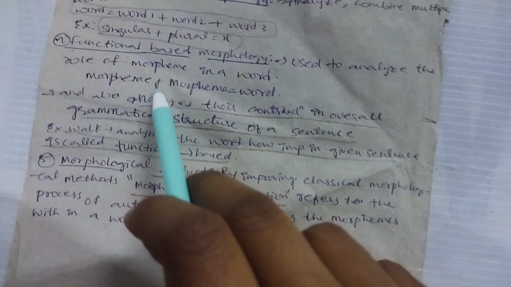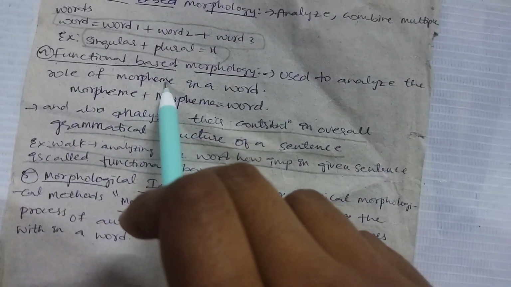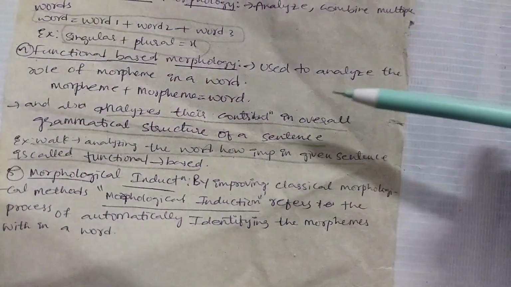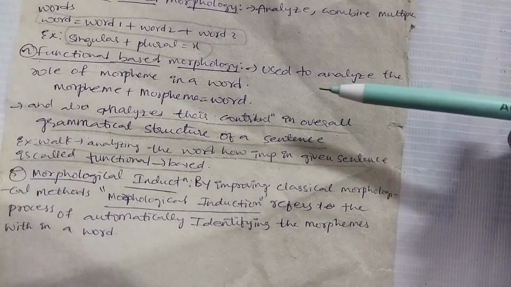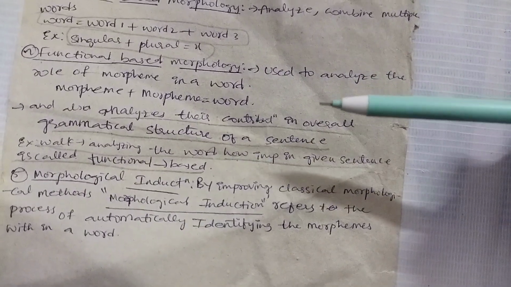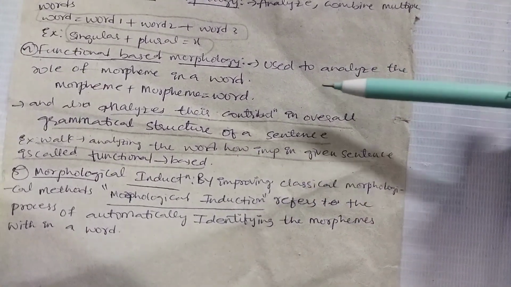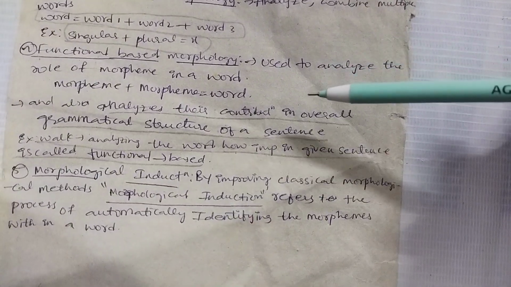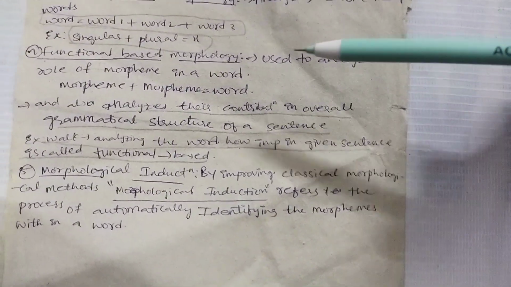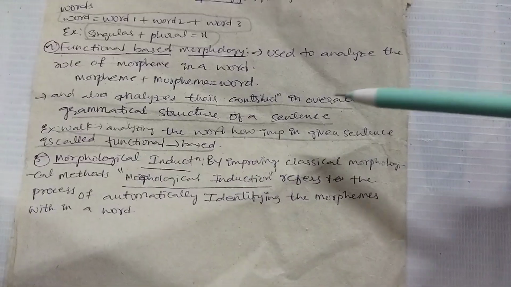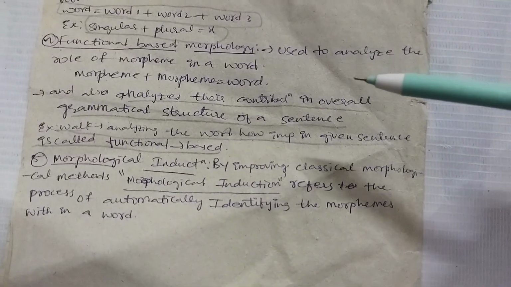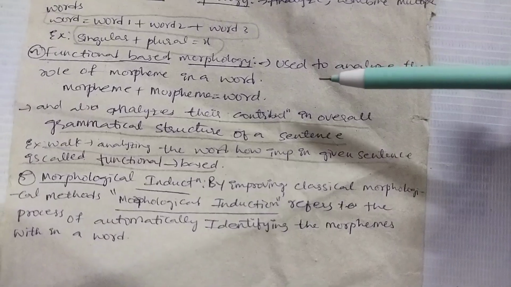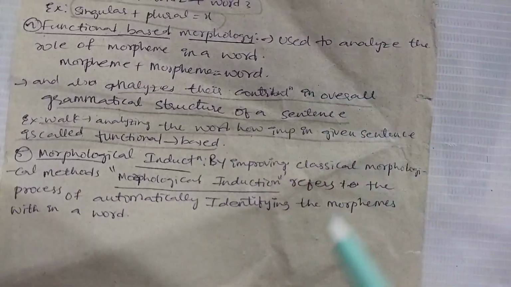Functional-based morphology is the fourth concept. We use this step for analyzing the role of the morpheme, a subword or meaningful word, within the main word. Adding two meaningful subwords gives the actual meaning of the main word. This concerns the grammatical structure of a sentence.